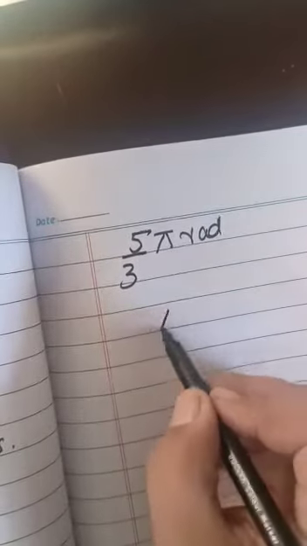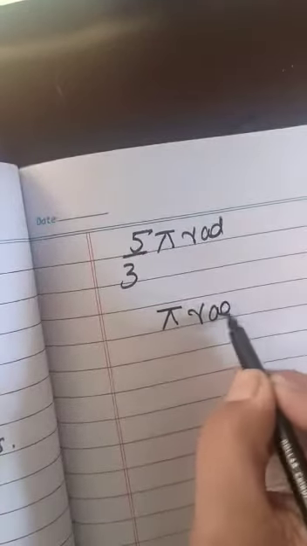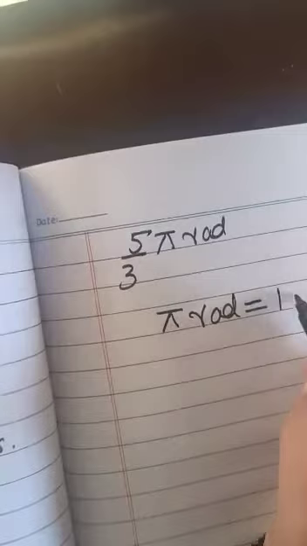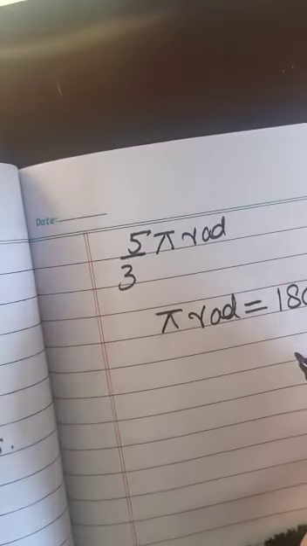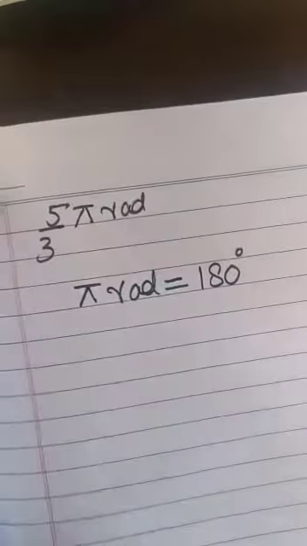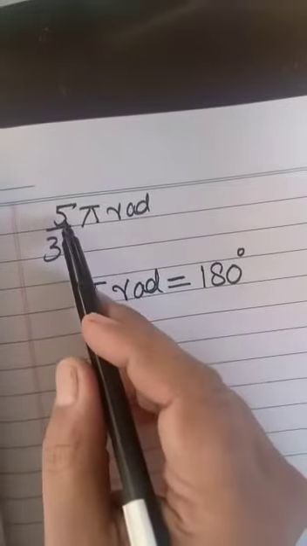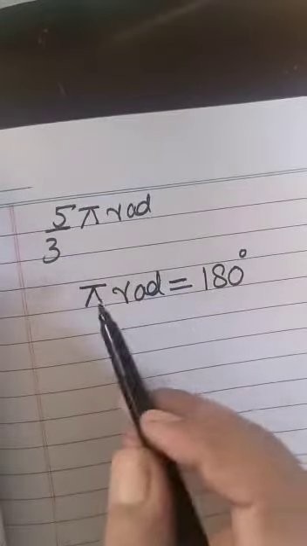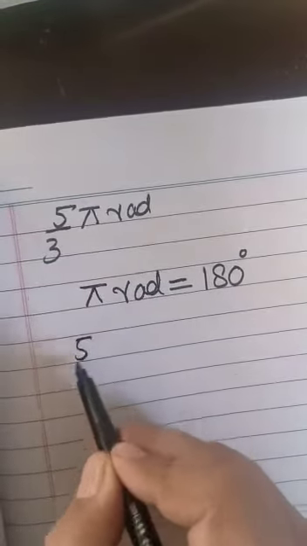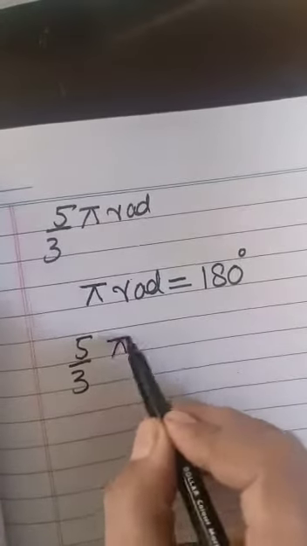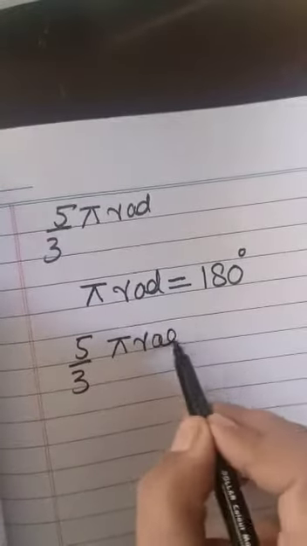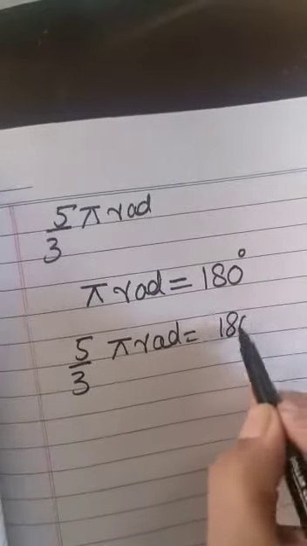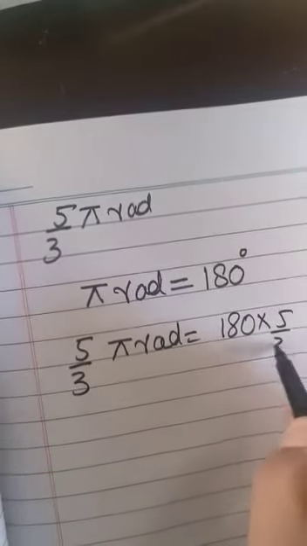Now the next question is, convert 5 by 3 pi radians again into degrees. So first we will write the basic formula, that is pi radians is equal to 180 degrees. Then we will multiply by 5 by 3 on both sides. So we multiply 5 by 3 pi radians equals 180 multiplied by 5 by 3.